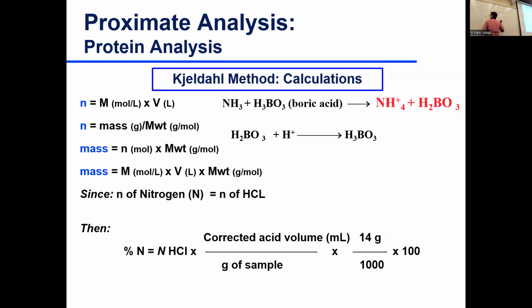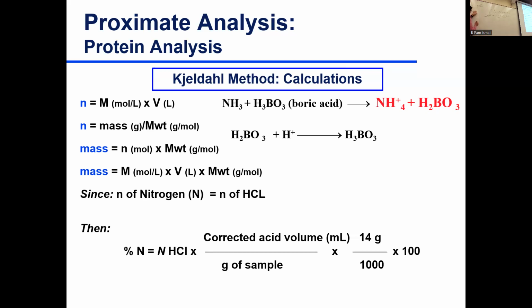So you need to remember number of moles equals mass over molecular weight. I'm looking for this. I want to know how much nitrogen I have to calculate the percentage. I have the weight of the sample. I need to know the weight of nitrogen.